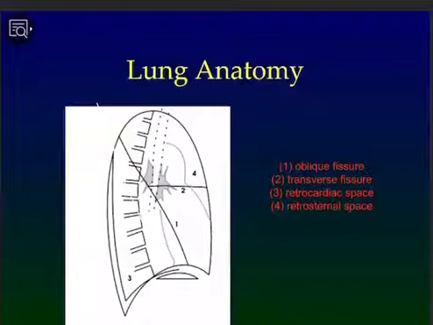So the middle lobe will be absent on the left side. So as I was telling you, on the right side there are three lobes, and on the left side there are two lobes, right? Okay.